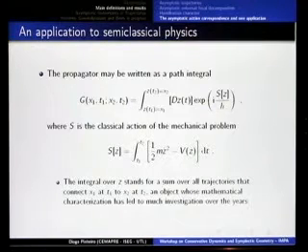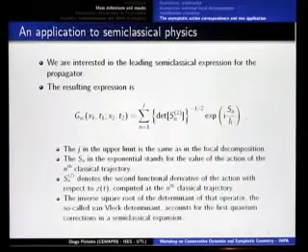Okay, so we are more interested in the leading semi-classical expression for this propagator. So it is known that the resulting expression is that one shown there. Okay, what is all that? J in the upper limit of the sum sign is the same as the index in the focal decomposition.